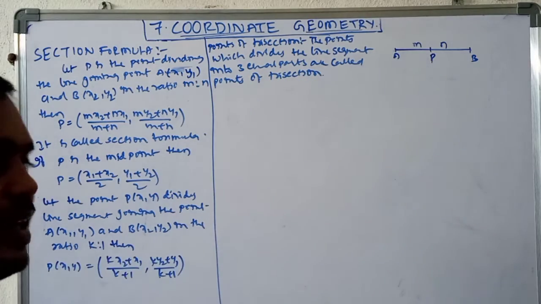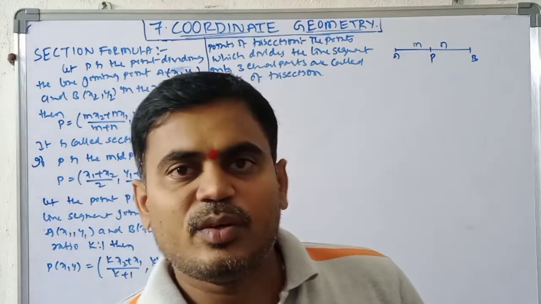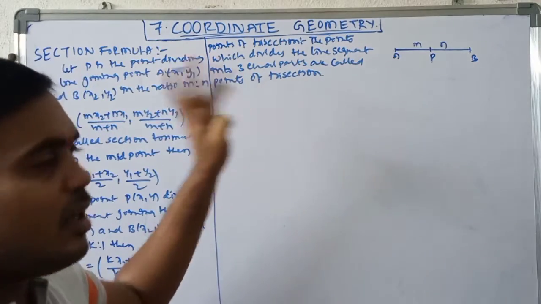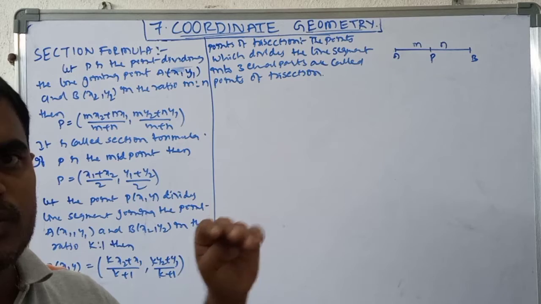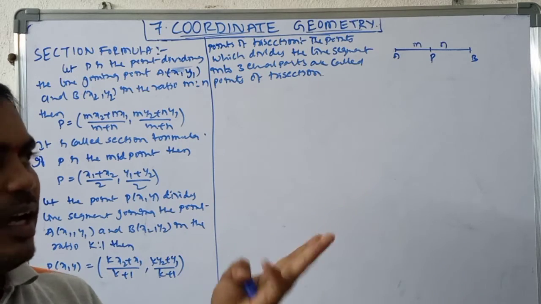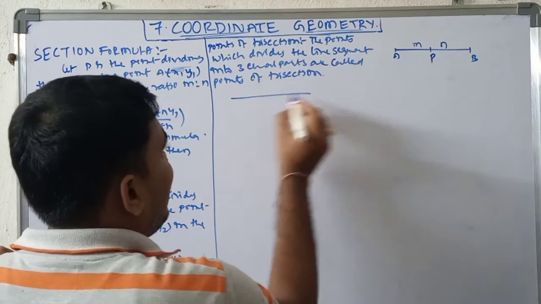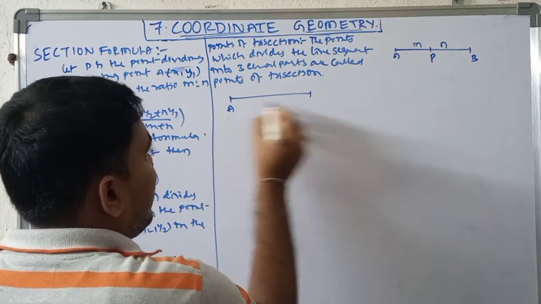So the points which divide the line segment in the ratio 2:1 or 1:2 are called points of trisection, or else dividing into three equal parts, A, B.